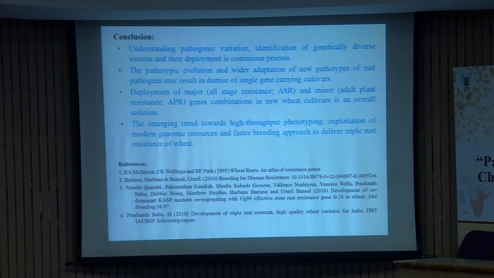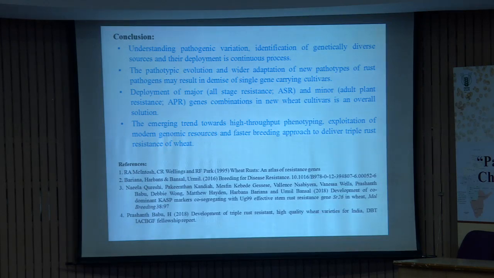If you are targeting only one gene for a particular rust, it will be knocked out one day or another in the future. There are so many examples happening even in India. So it is always better to go for integration of major genes and minor QTLs into one. So definitely high throughput phenotyping and genotyping are very essential, and they will take us forward in developing and delivering triple rust resistant wheat varieties in coming years.